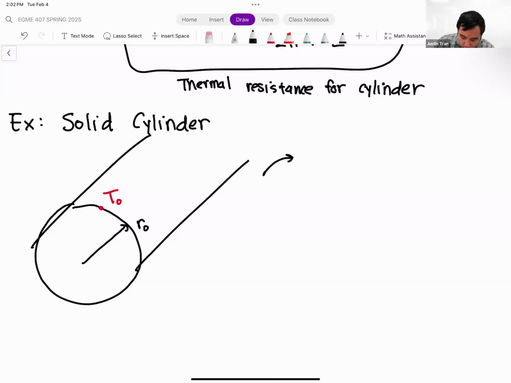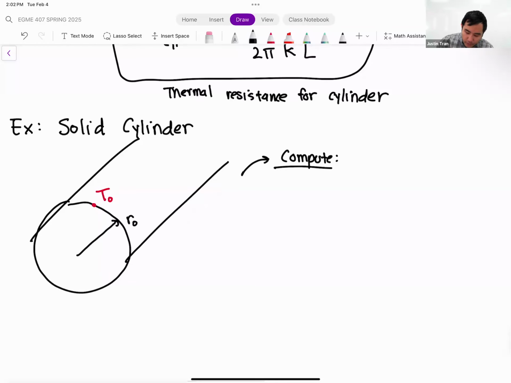Just like we did in the previous problem, let's compute the temperature distribution in the cylinder.